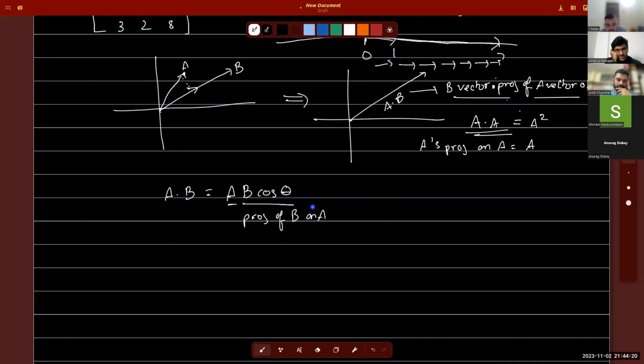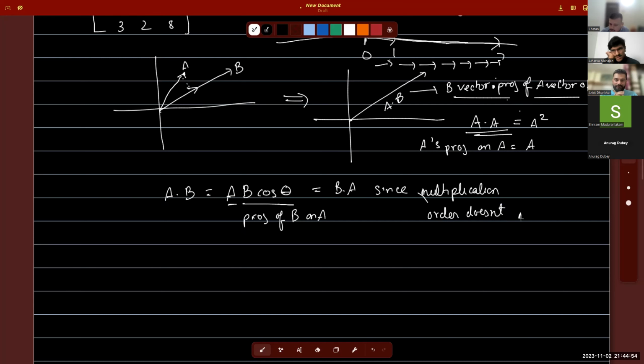Now I know how to represent projection of B on A. And one thing: A dot B and B dot A are the same thing, because it's just multiplication of individual elements. But how... it is a whole other proof, right?